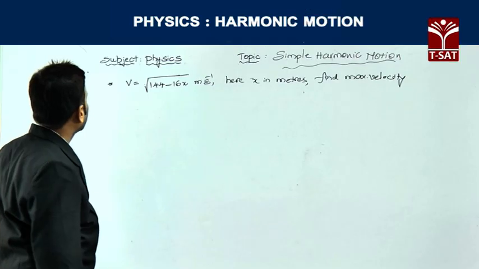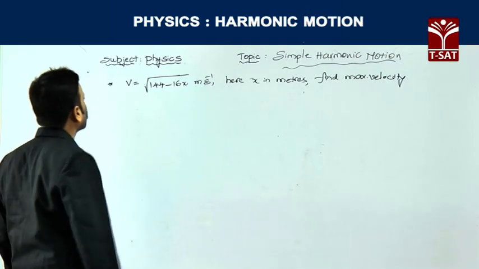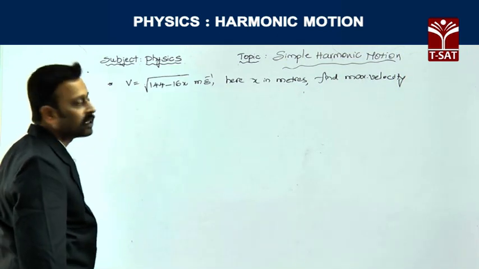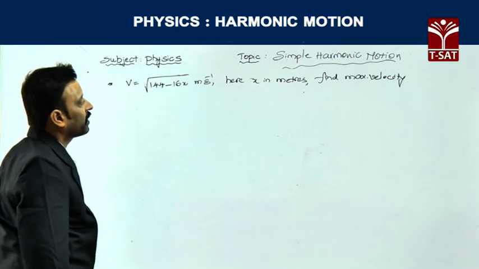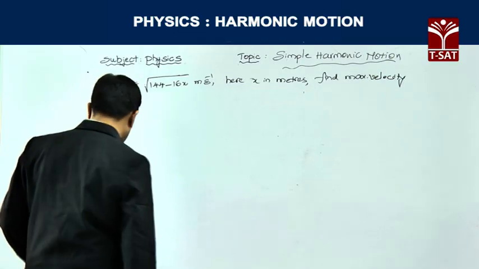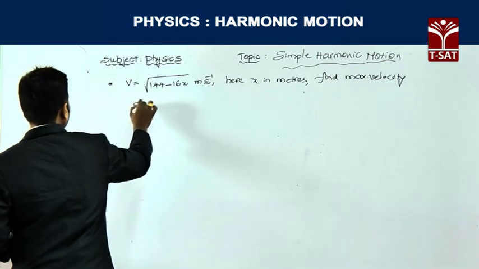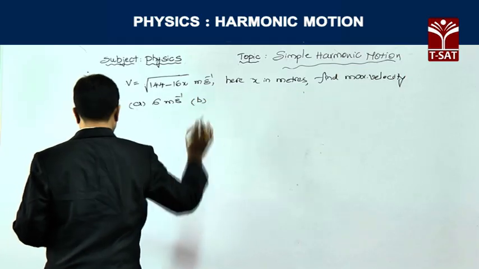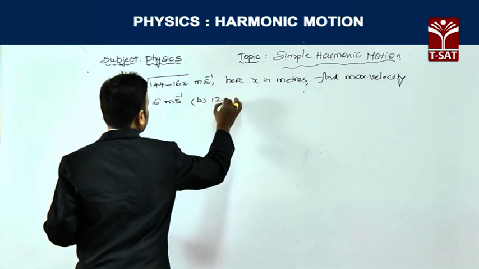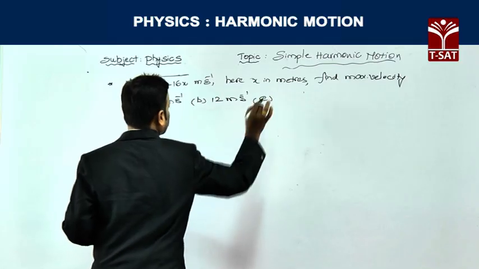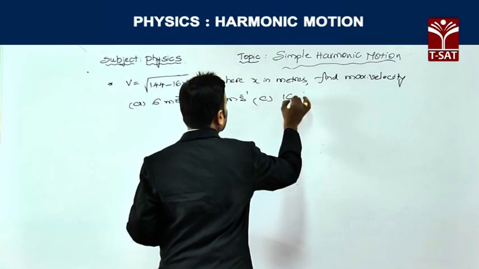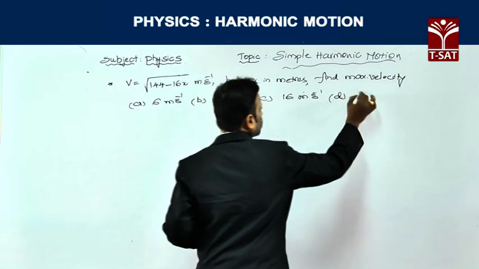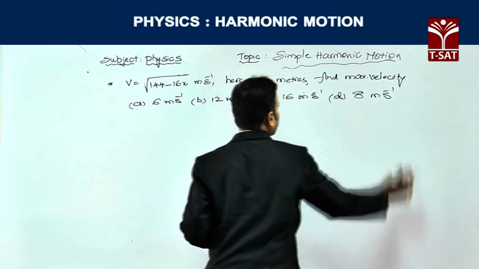The velocity equation is given as under root 144 minus 16x meter per second. Here x is expressed in terms of meters. You are asked to find the maximum velocity. The given options are, first one 6 meter per second, second one 12 meter per second, third one 16 meter per second, and the fourth one 8 meter per second.